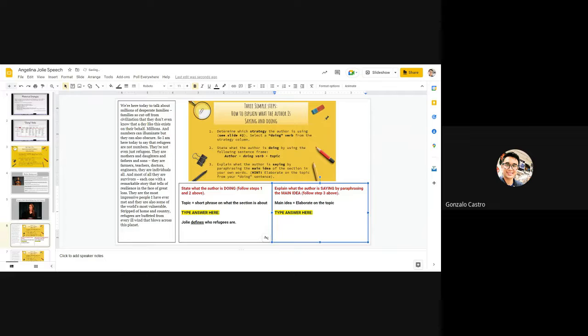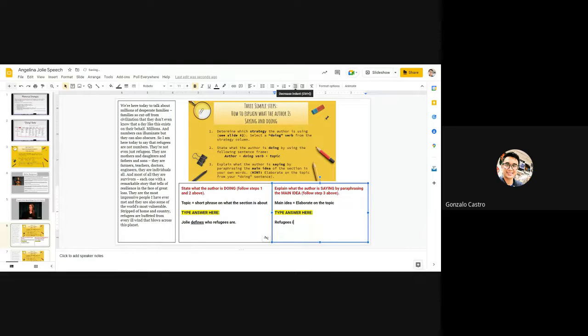So if you look back at the section, refugees are members of different families. So instead of putting mothers and daughters and fathers and sons, in our own words, we can say that they are members of families. Instead of putting farmers, teachers, doctors, engineers, in our own words, we can explain that they are people holding different jobs or occupations.